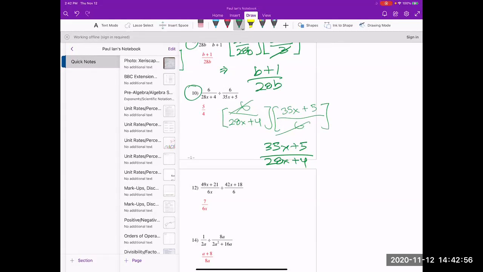How would you do this one? Let me think about this one. Is it 35x plus 5 to 28x plus 4? It is that one. So how did they get 5/4 for this one? Let's see. I'm thinking there's a 7 here, right? And there's a 7 right here somewhere, right? Yeah. But how did they get that into that kind of form?